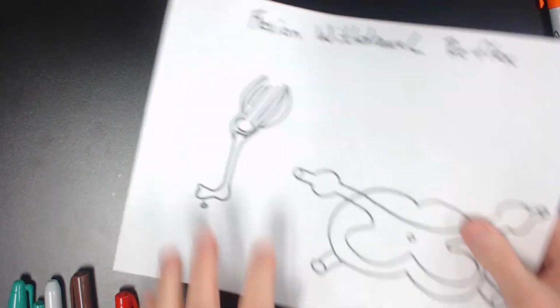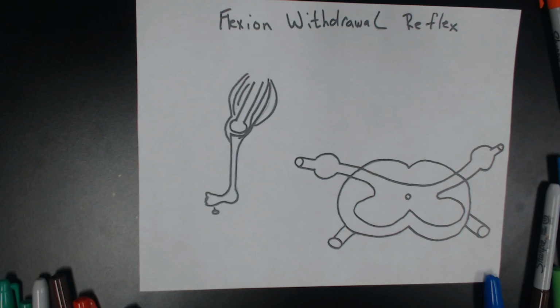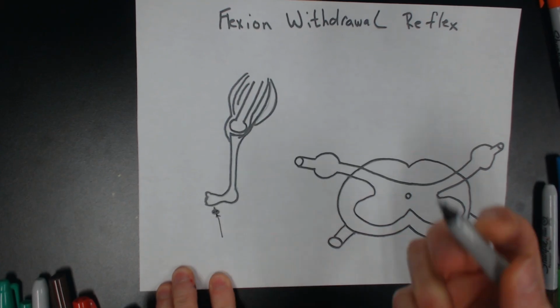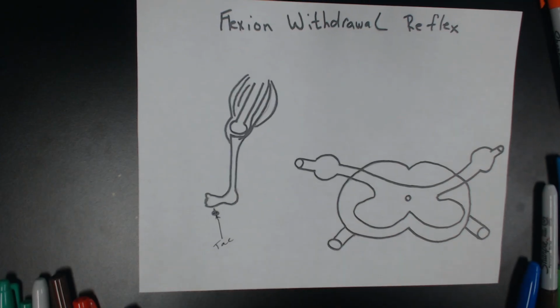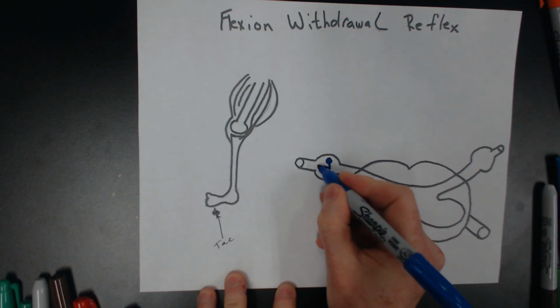Flexion withdrawal reflex. Same setup as before. The only difference you're going to see is this is my representation of a tack, or a pin. Let's say somebody treads on something sharp. Same basic setup. You have your neuronal cell body here.